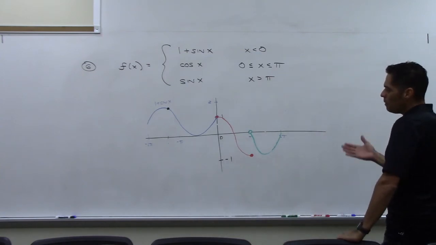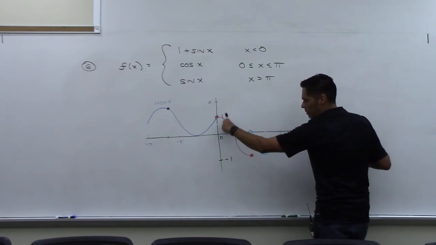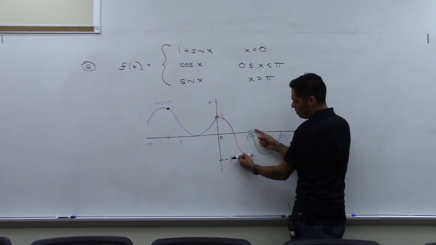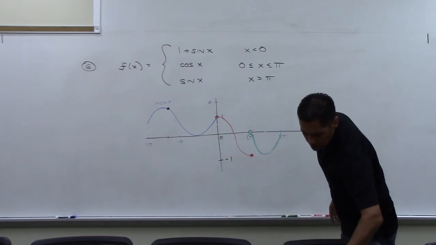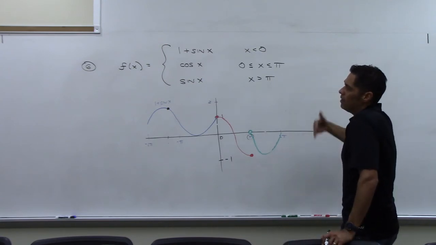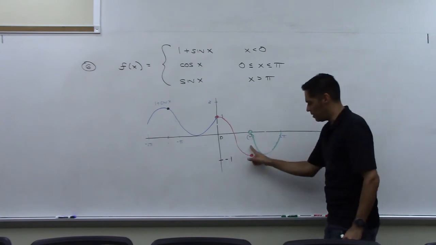There's really only one place on this entire graph that we have a problem. We notice that at pi, as we come in from the left and then come in from the right, they're going to two different places. I'm a little bit confused with the question because they want you to say where it does exist. And the limit exists everywhere except here.